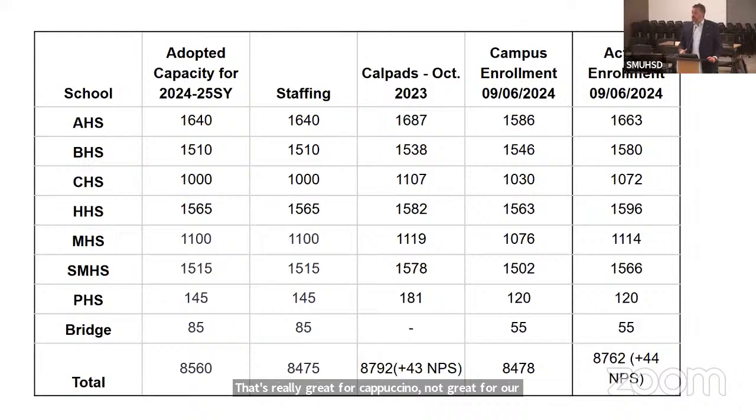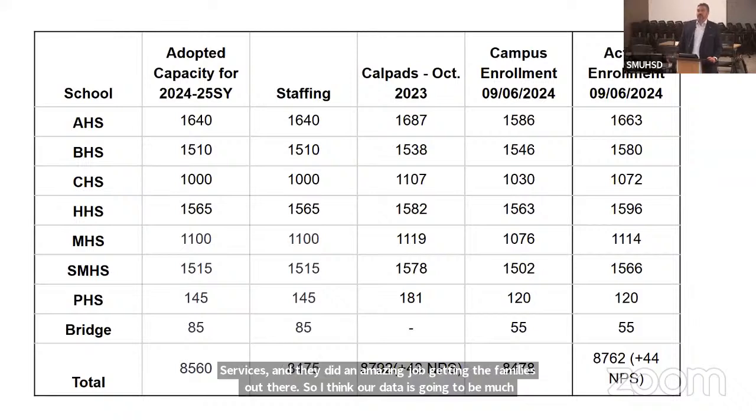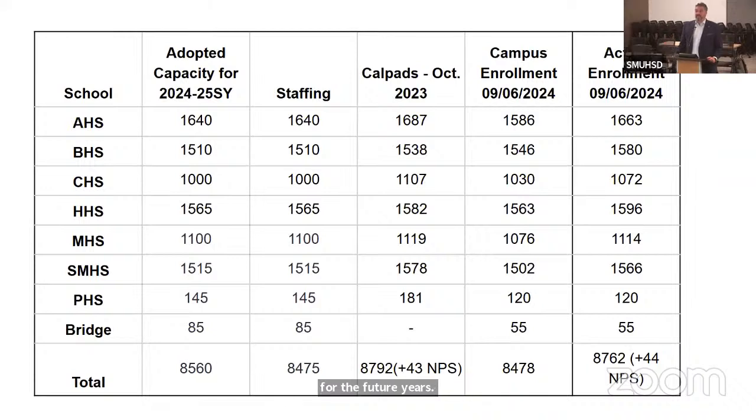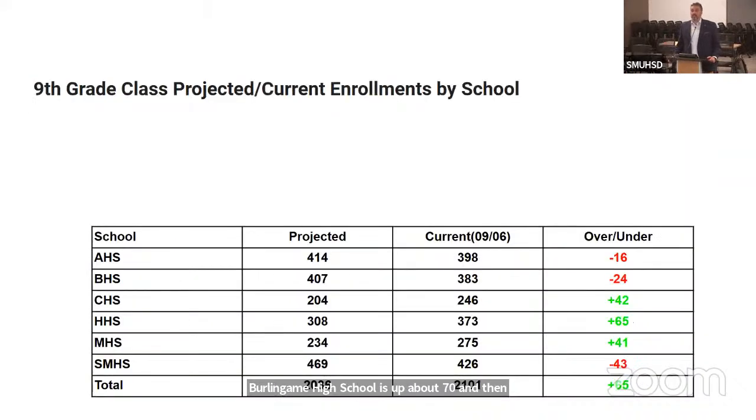We did have 41 families come out to a special night we hosted at Parkside for enrolling for next year, with the enrollment team from Student Services, and they did an amazing job getting the families out there. So I think our data is going to be much better and much more reflective for future years. Burlingame High School is up about 70, and then Aragon's about 20 over their numbers.